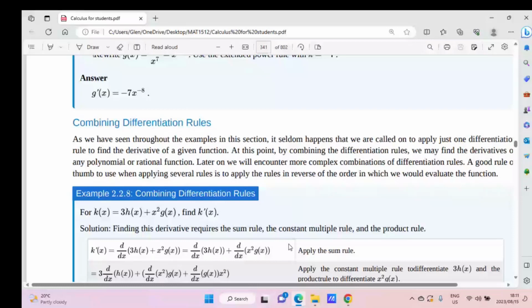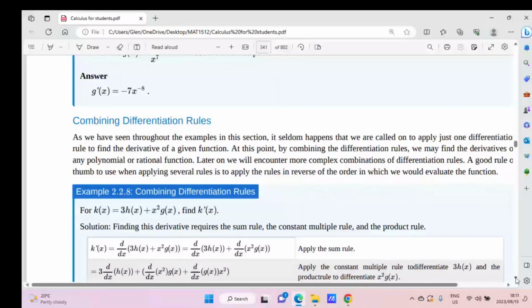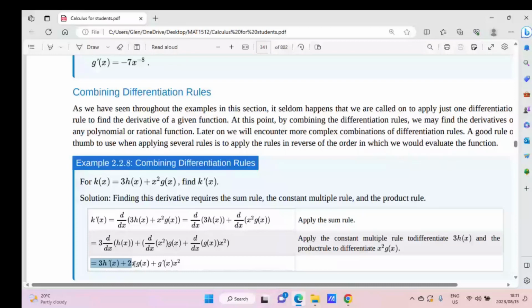In simple terms, do you see this step that I've highlighted? Now, in order to get the derivative of k, what is it that we need to do? 3 is just a constant, so we'll just take the derivative of h of x.